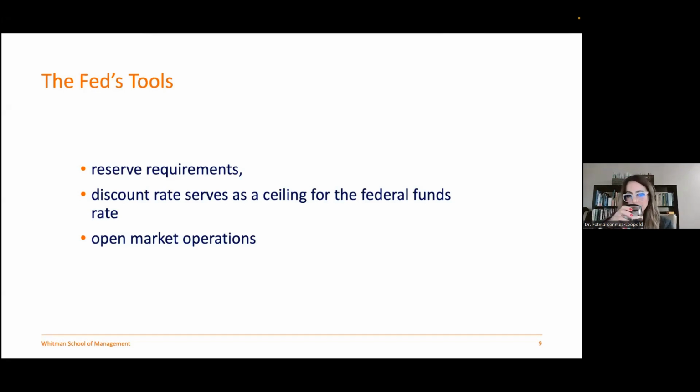So when they need to inject money into the economy, they go buy securities on the open market from other institutions, and in this way they can inject money into the economy. Or when they want to collect money from the market, they could just sell some securities. So by doing open market operations, a Federal Reserve Bank can control the supply of money in the economy.